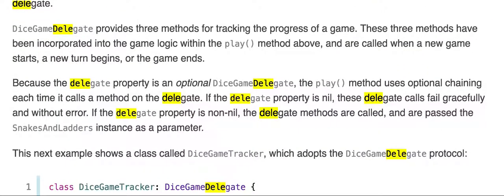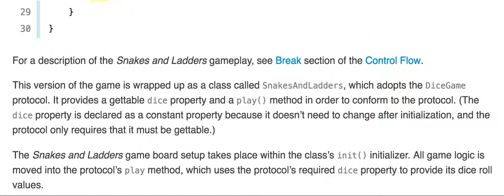Now, DiceGameDelegate provides 3 methods for tracking the progress of the game. These 3 methods have been incorporated into the game logic within the play method above, and are called when a new game starts, a new turn begins, or the game ends.